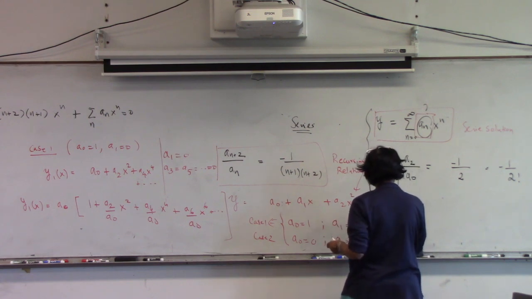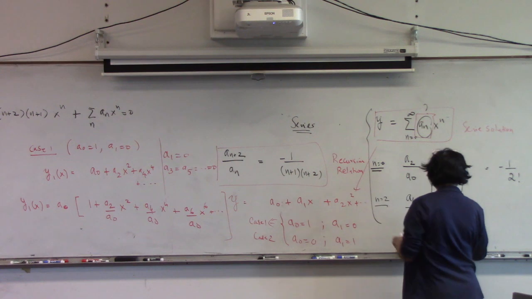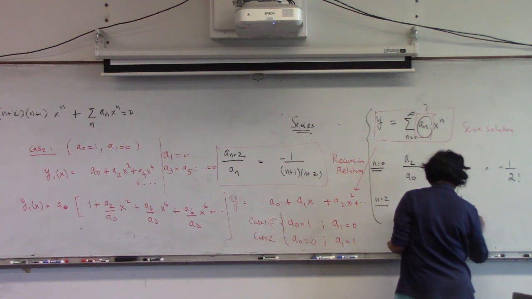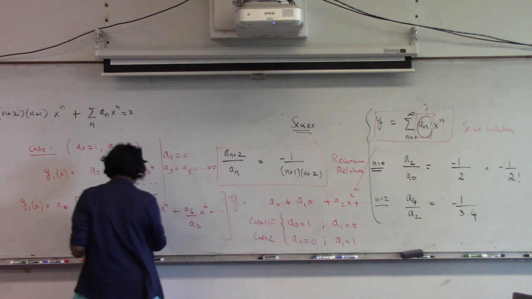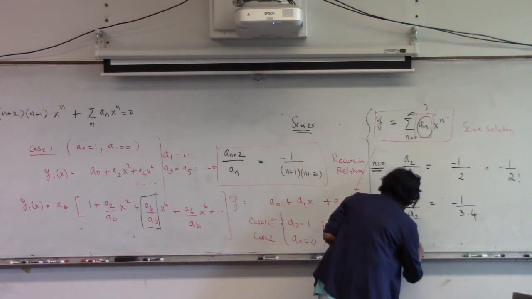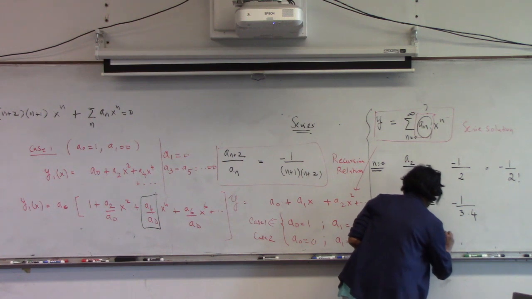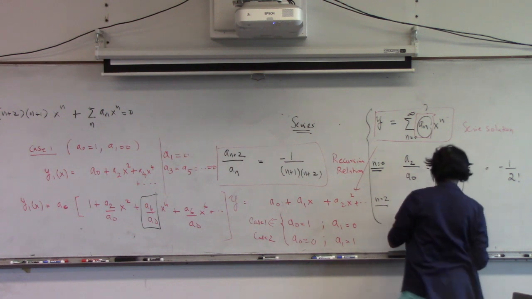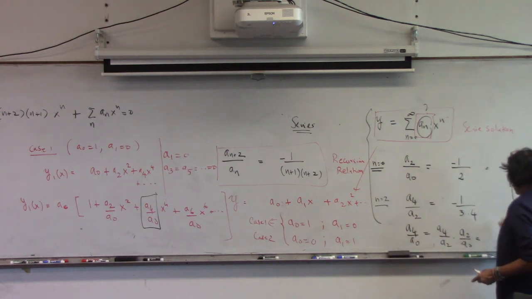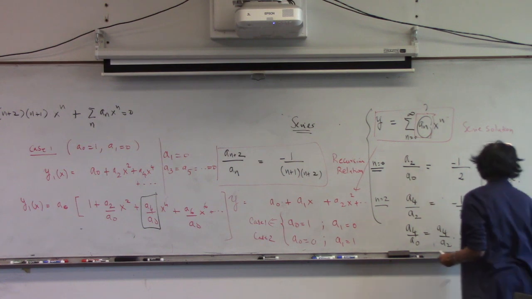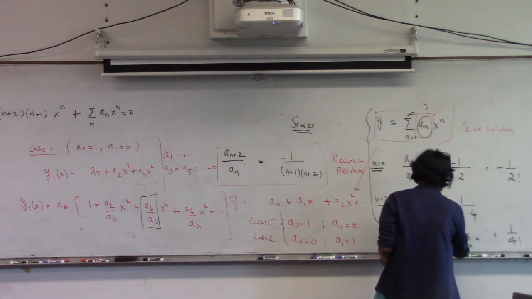I put n equal to 2, I will get negative 1 over 3 times 4. But my goal is to get a4 over a0. So a4 over a0 is nothing but a4 over a2 times a2 over a0. And I have all that, right? So that is nothing but 1 over 1, 2, 3, 4, so it's 4 factorial. I have a negative sign here and a negative sign, so that will cancel.